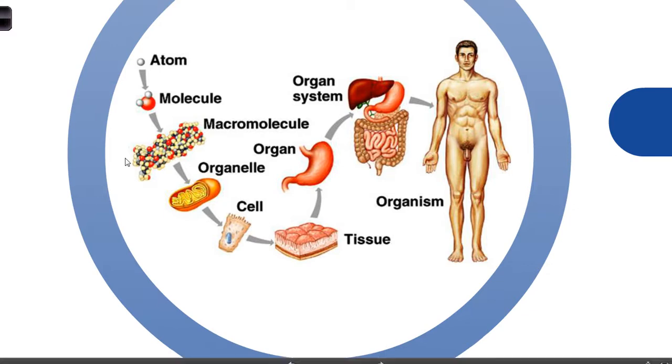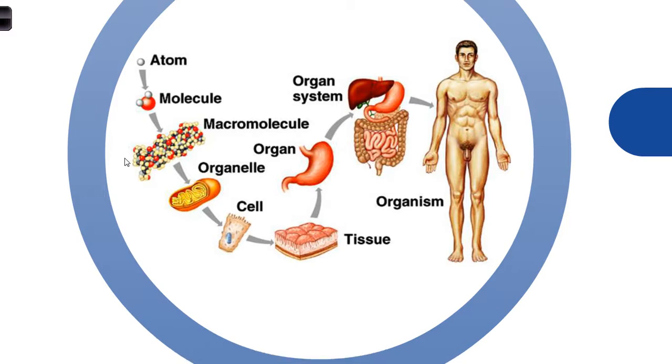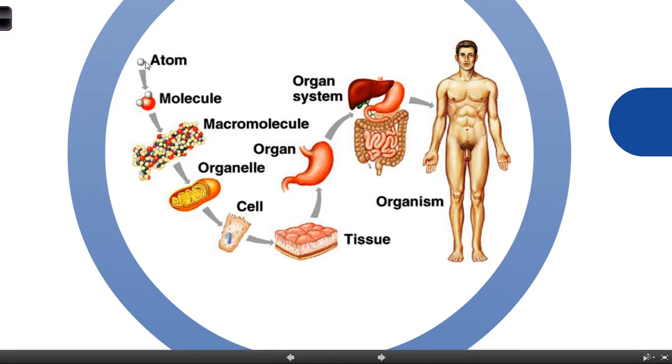Now the nice thing is that there are essentially patterns to how these things form. We can classify them into groups, and that makes it a little bit simpler. It's not just millions of totally different types of macromolecules. Just like when you learnt about the atom, you looked at the periodic table and how the elements are arranged.